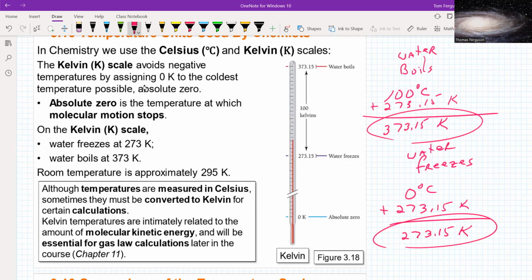I like centigrade better than Celsius because it connotes there's 100 degrees between the two references, but a lot of times I'll use Celsius. Same thing though.